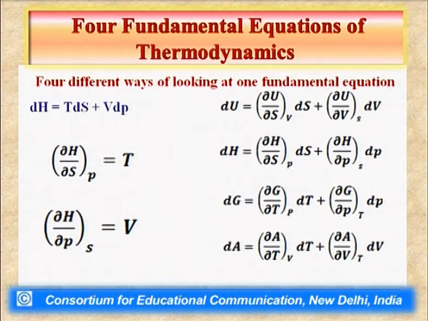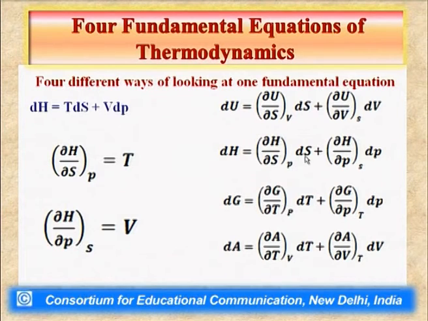Now, let us make an interpretation about dH, the enthalpy change. dH equals T dS plus V dP here. This is the second fundamental equation of thermodynamics, and here at the right hand side, because we had considered that enthalpy is a function of entropy and pressure, we had written this differential equation for an enthalpy change.